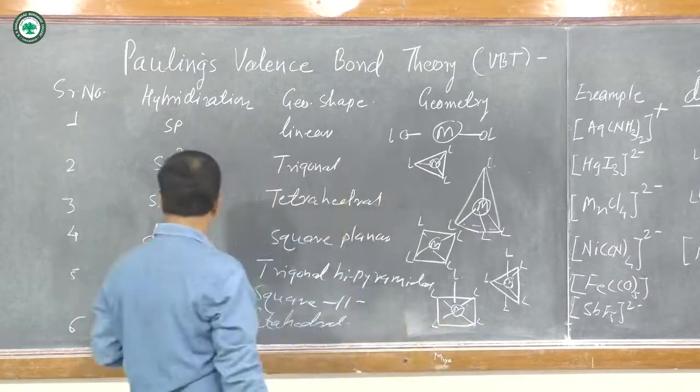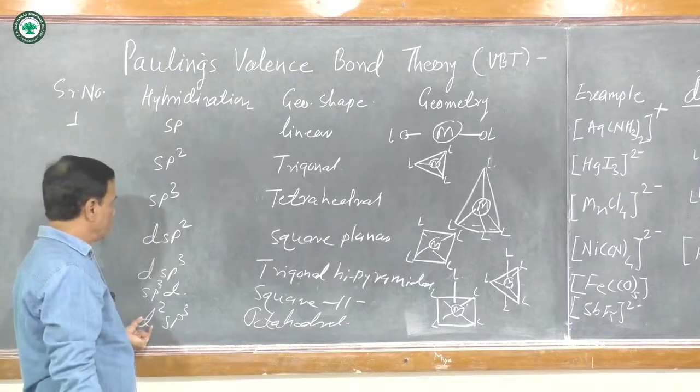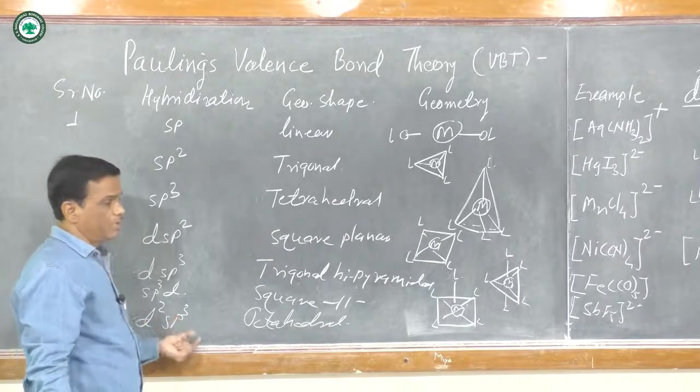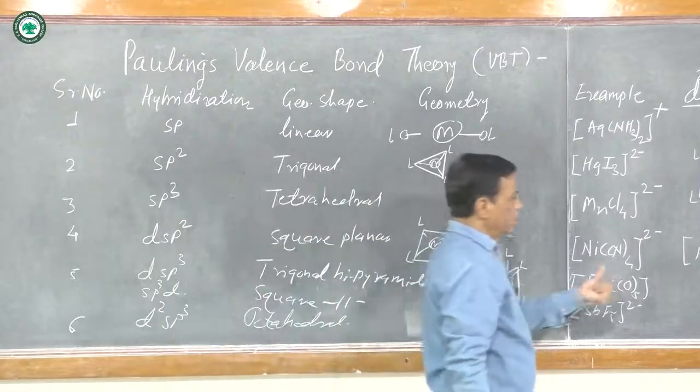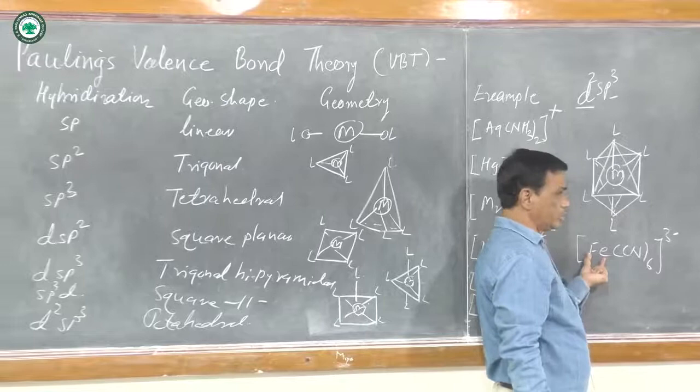This is the example and this is the structure for square pyramidal. Then the last one is d2sp3 hybridization. 2d orbitals, 1s orbital and 3p orbitals. In Fe(CN)6 3-, here iron is at the center position.